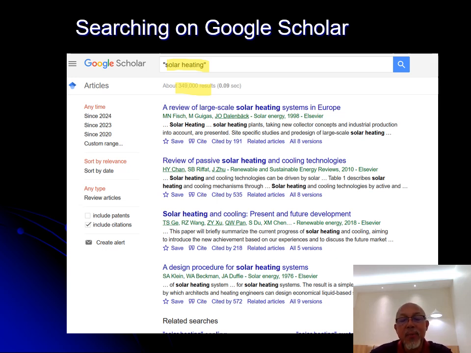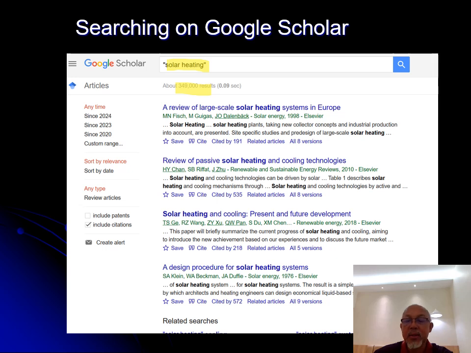So from 5 million, we have now reduced to about 350,000 results. We can even sort it or choose the range, since 2024, that means the latest ones, or 2023 or 2020, and we can see how the numbers change.